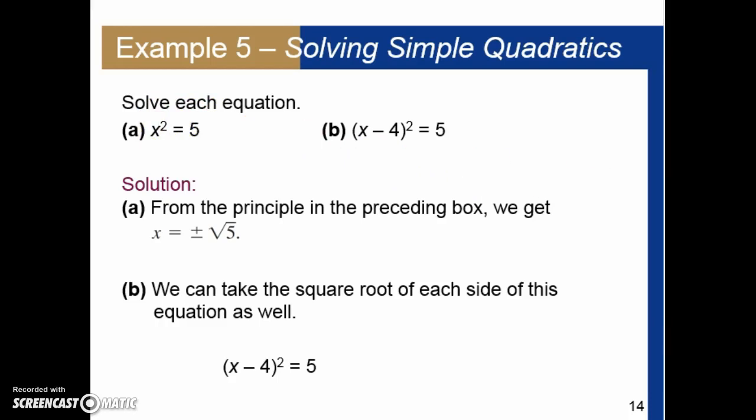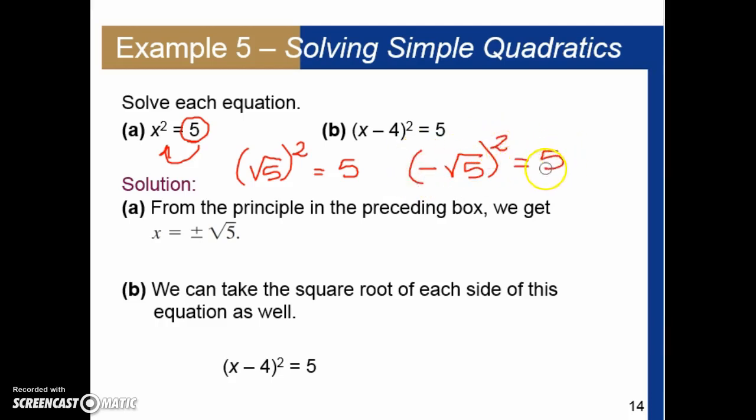One thing that we do need to pay attention to is that, if I'm doing this backwards, one way to square something and get a positive 5 out of it is to take the positive square root of 5 and square it. It is true that I will get 5 as an answer, but we also have to remember, if I take the negative square root of 5 and square it, I will also get 5 for an answer.